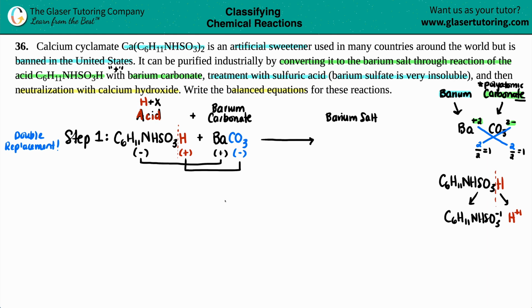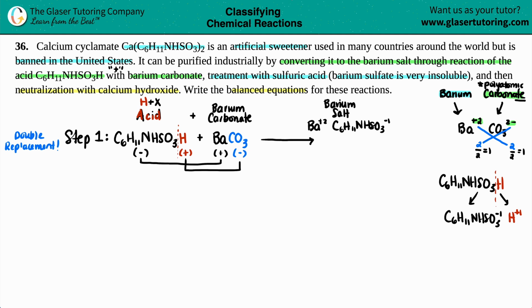All right, so let's go for it. The barium salt. Now we know a little bit more about the specifics of the barium salt. The barium salt is going to be between the Ba, and we know that that's a +2 charge, and the negative component, the whole negative component here, which is C6H11NHSO3, and that was a -1 charge, just like we found out before.